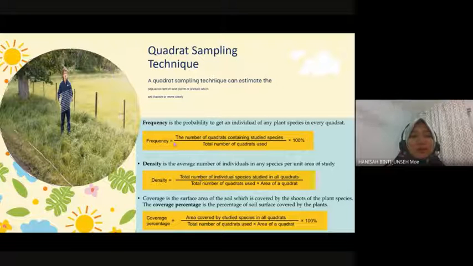For now, you just look at this formula. Nanti kita akan gunakan lah. Alright, that is the first technique, quadrat sampling technique, suitable for plants and also inactive animals yang tidak banyak pergerakan. Okay, right.